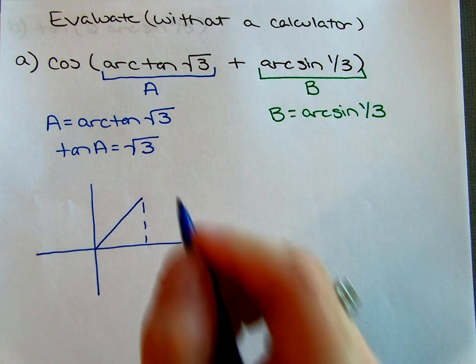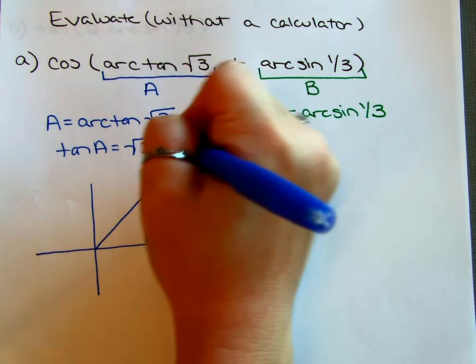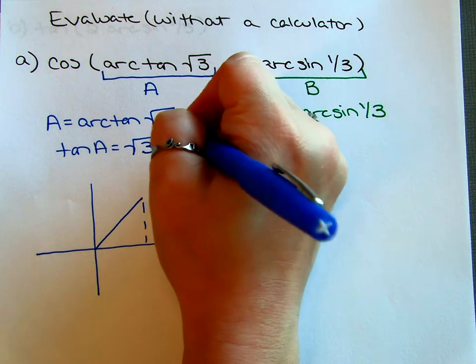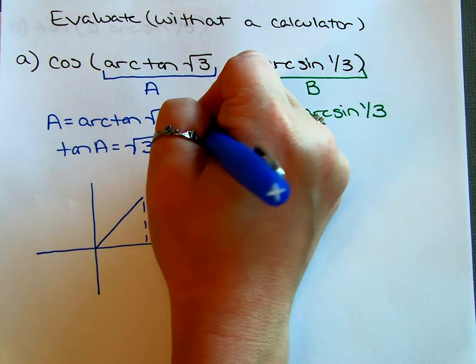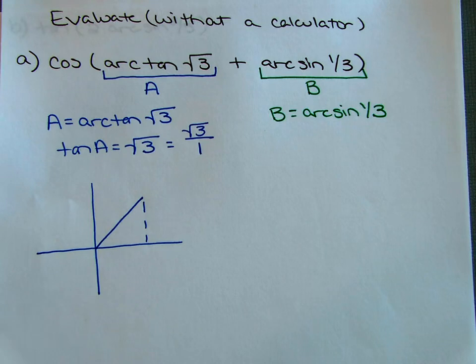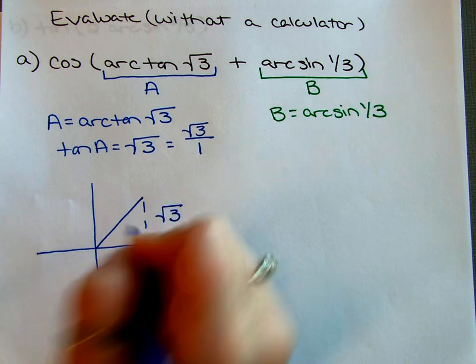And I know that tangent is what over what again? Y over x. So if this is y over x, you're like, well, wait, there's nothing in the bottom. Well, we can make it over 1. So we have radical 3 as our y, and x is 1.